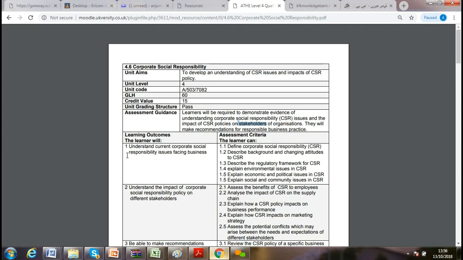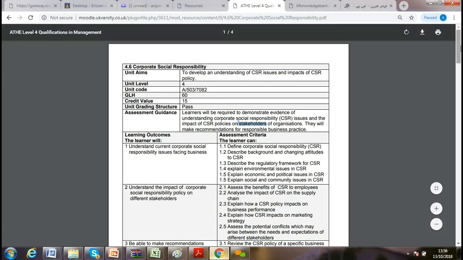We'll define corporate social responsibility, describe the background and changing attitudes toward social responsibility, and describe the regulatory framework for corporate social responsibility. We'll explain environmental issues, economic and political issues, and social and community issues in corporate social responsibility. We'll discuss all of this during our first lesson today.